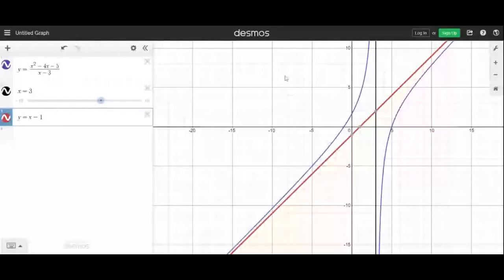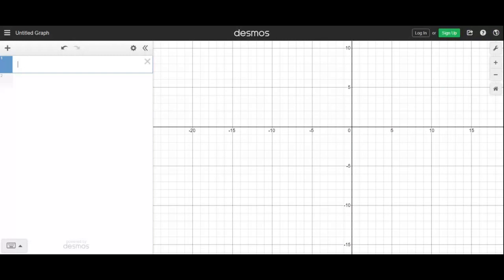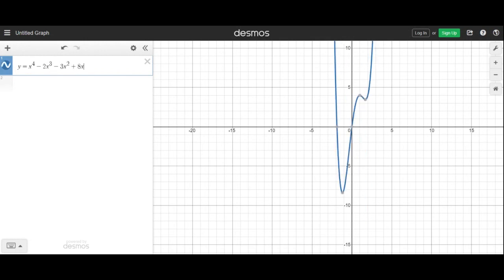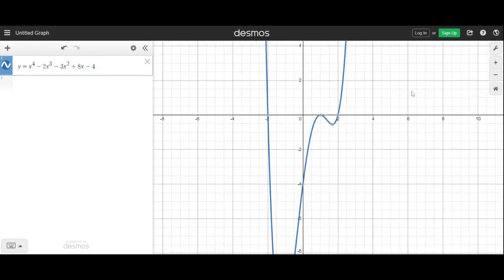Take a look at our graph. So we've got y equals x to the 4th minus 2x to the 3rd minus 3x squared plus 8x minus 4. So looking at our graph now, what values look like they could work?